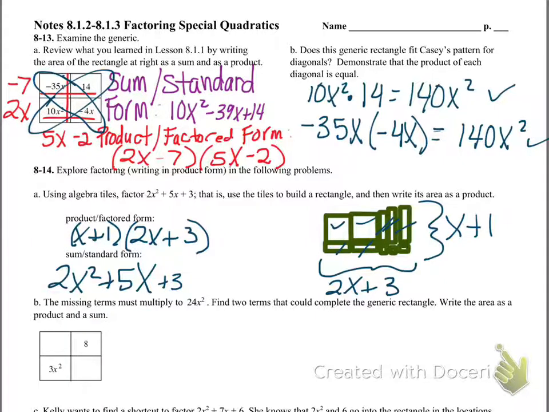So here we go. If I think about 24x squared, I'm trying to think of 2 terms that multiply to 24. All right, I can think of 2 and 12. So like 2x and 12x. So if I were to go ahead and just put those in here, 2x, 12x, I could finish this off and be like, okay, well, GCF of 2x and 8, I'm thinking a 2.